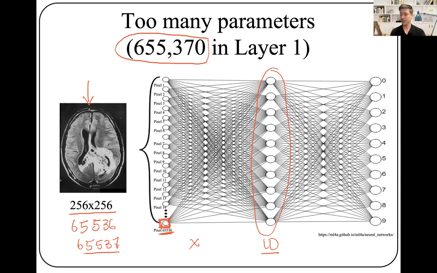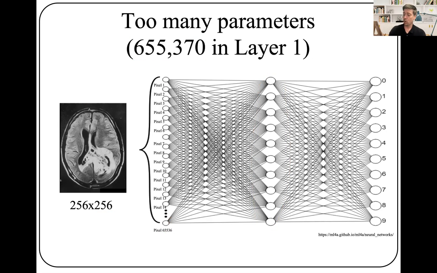In fact, let's say you want to train the network to classify MR images. Chances are you're not going to have so many training images, right? We all know that getting medical images is complicated, especially if we need labels, so manual annotations of those images.